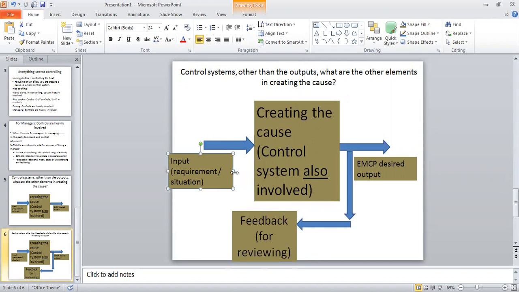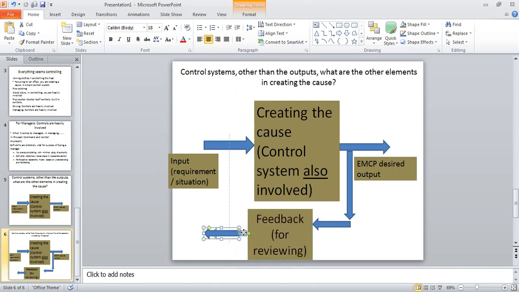when it comes to controls, when you are going for reviewing feedback, so where to feedback this? Yes, feedback, true.